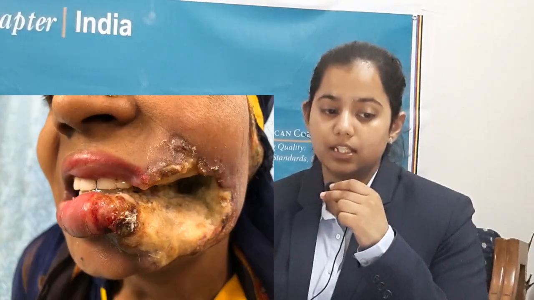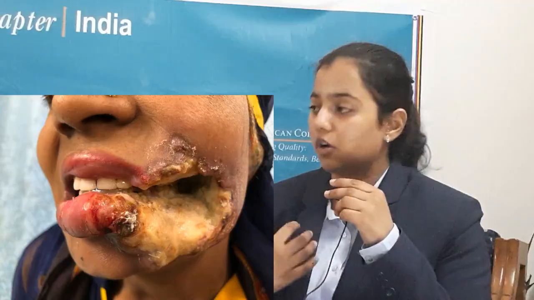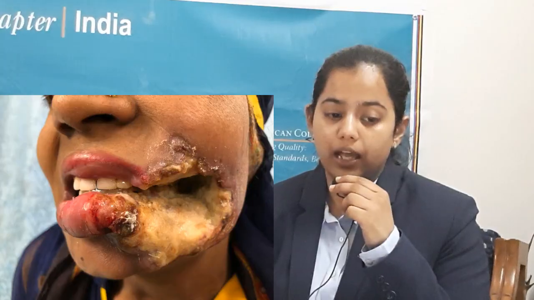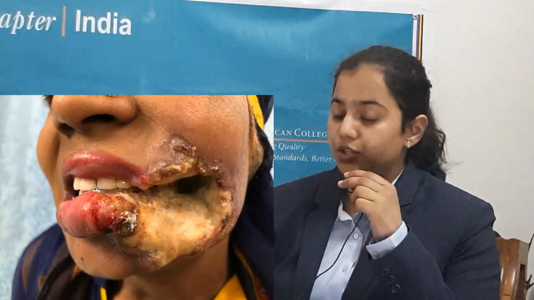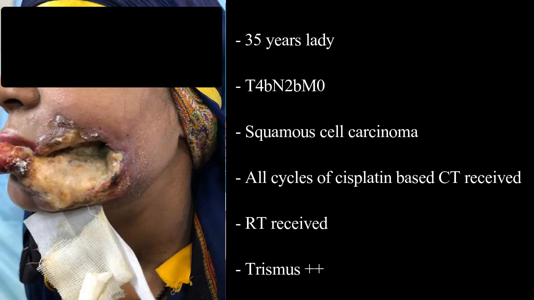She's a 35 year old lady who presented with a fungating and also proliferative growth on the left cheek, which was also involving the lips, and the light could be seen through the lesion. The stage was T4B, N2B, M0, and the biopsy was suggestive of squamous cell carcinoma.